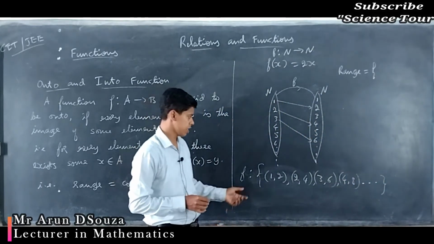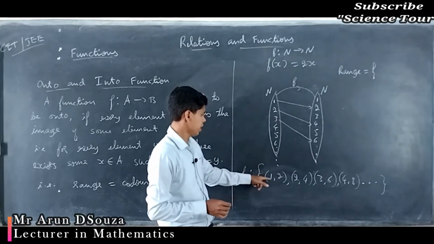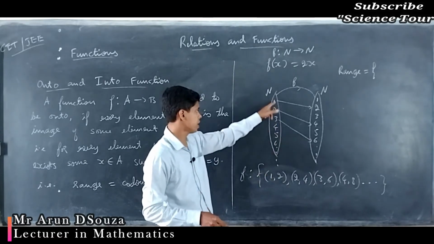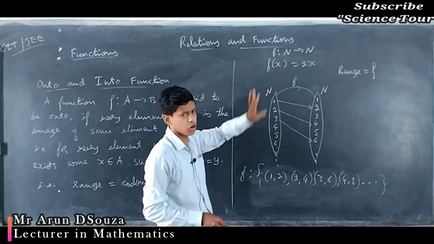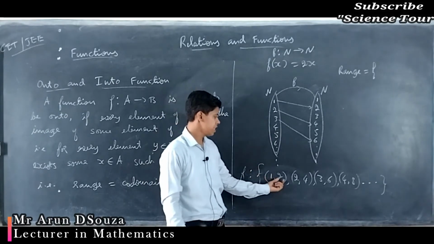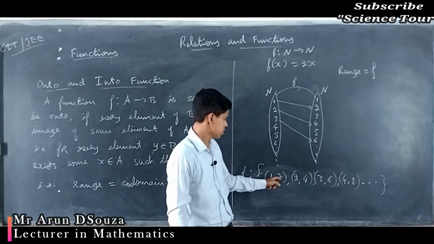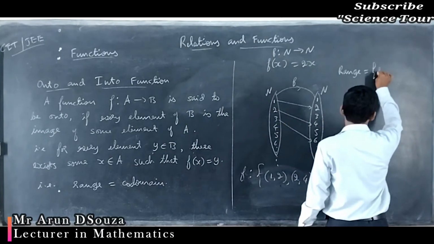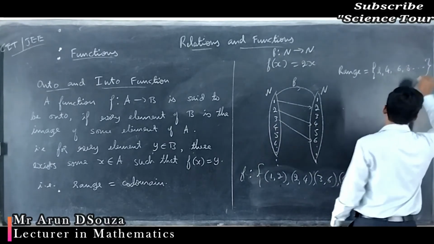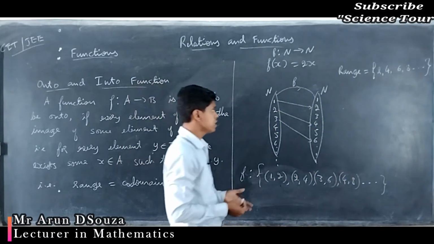It is an infinite function, because the sets are infinite. The first elements are the domain values. So the domain is 1, 2, 3, 4, 5, 6, 7, 8, the set of all natural numbers, whereas the range is the second elements of the ordered pairs in the function. So 2, then 4, 6, 8, 10 and so on. All the even natural numbers are the range values here.